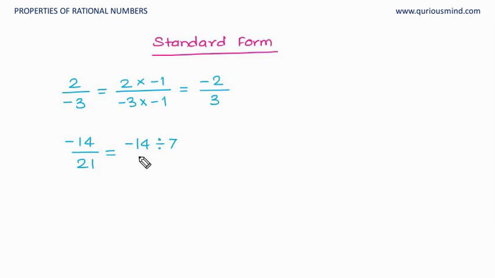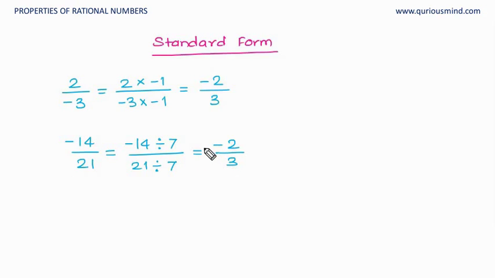The common factor or highest common factor, and that gives me minus 2 upon 3. So this rational number I am writing in the lowest form.